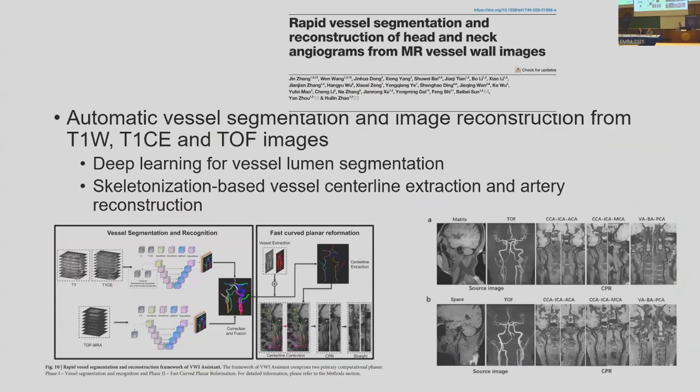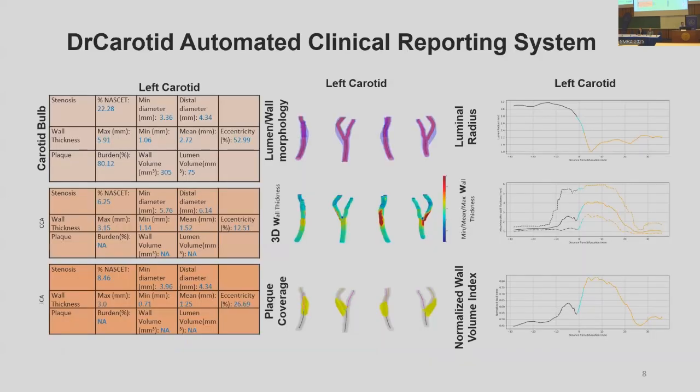And then this is work by a different group, from Renji Hospital in China. They're trying to expand something like this to include both carotid and intracranial arteries and trace the lumen, and then generate this so-called MPR view of the artery itself, for an improved way of looking at the lesion or focusing on the analysis.